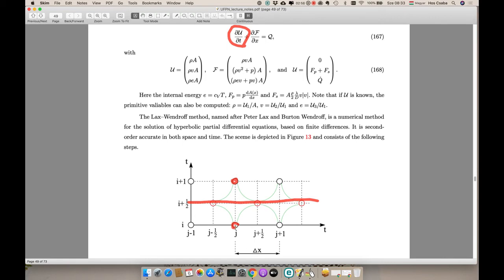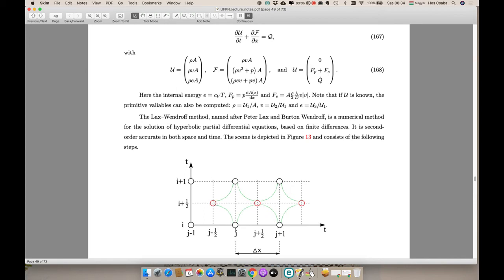And also spatially, this would be centered. So this essentially means that df over dx is computed at this point. So the half time level from these two points would be centered in space. And if I use this point to update time, then it will be centered in time. So it will be a second order technique.